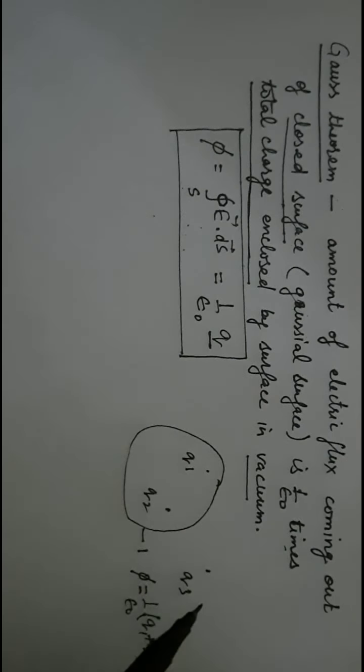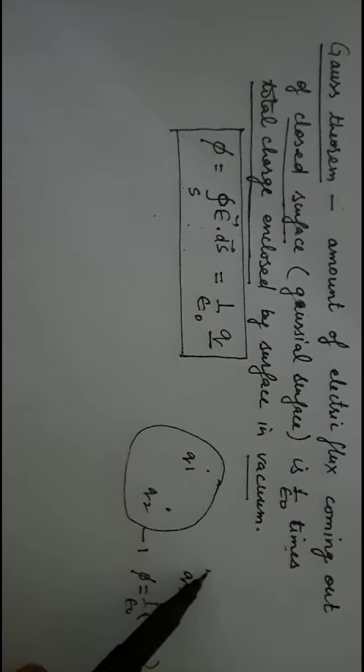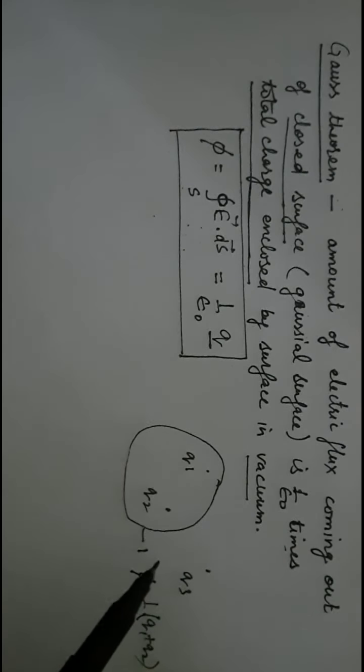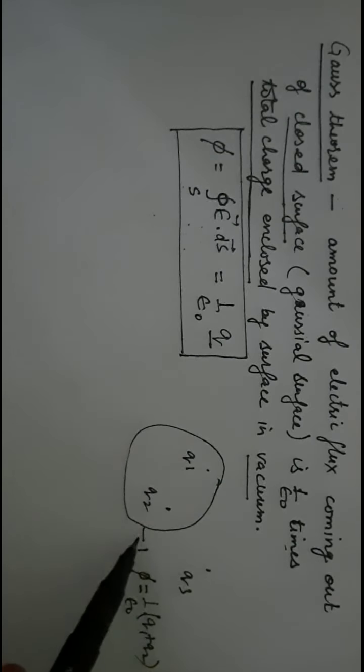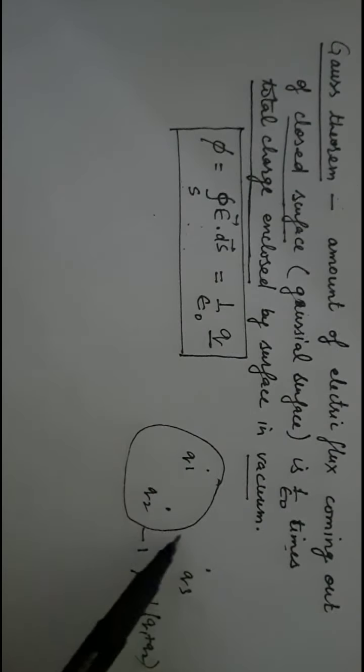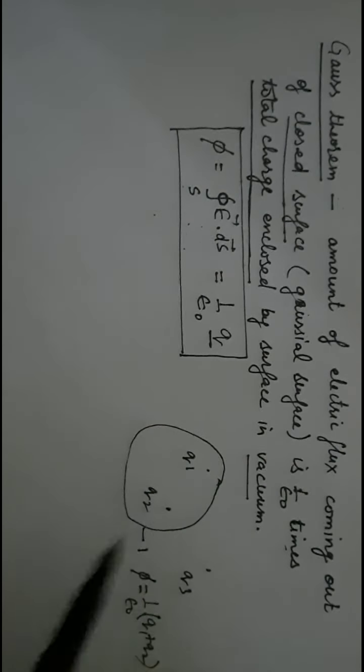One more point I want to make here is that the outside charge Q3 will not contribute to the electric flux for this surface. Only those charges inside this surface will contribute, that is Q1, Q2.